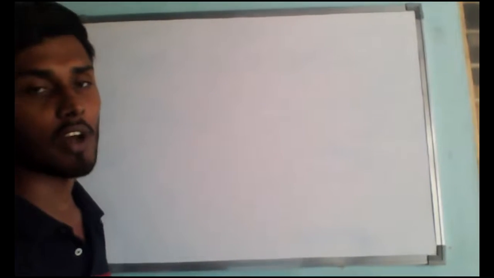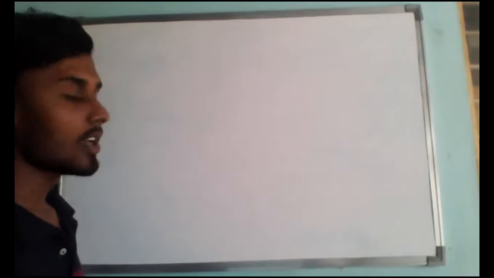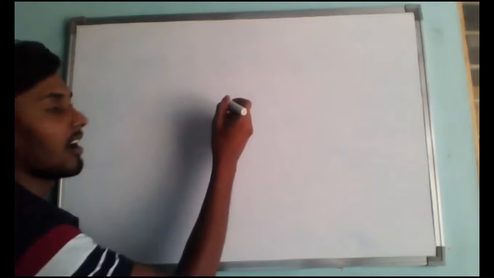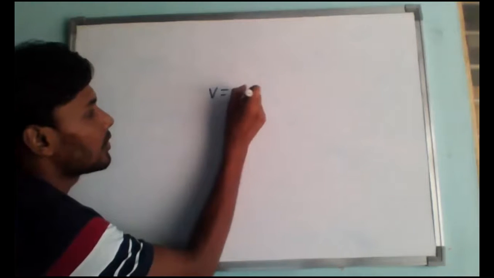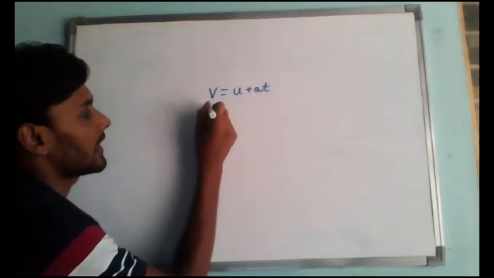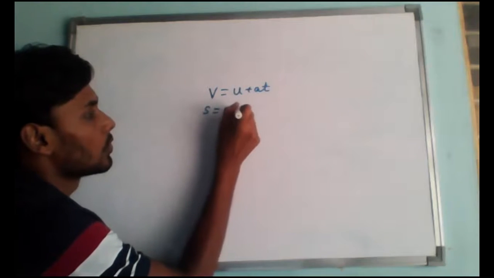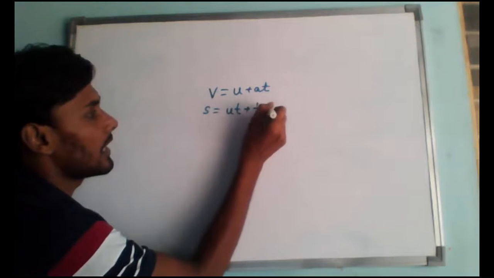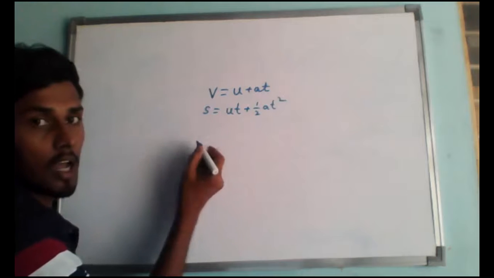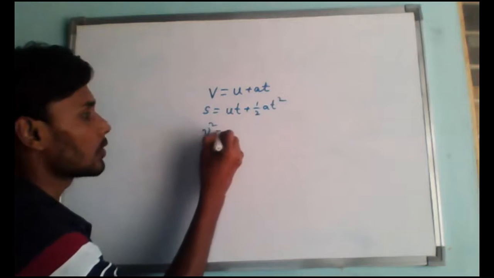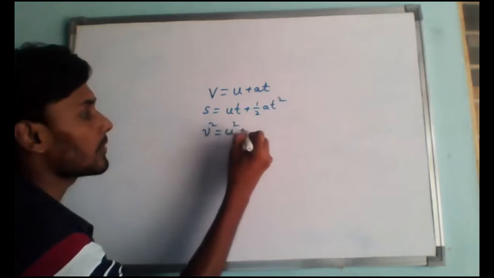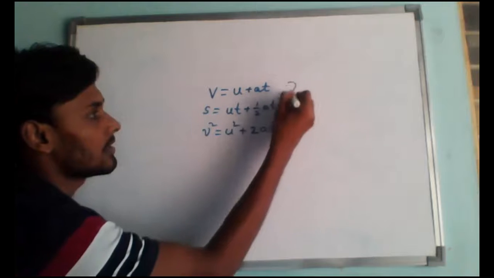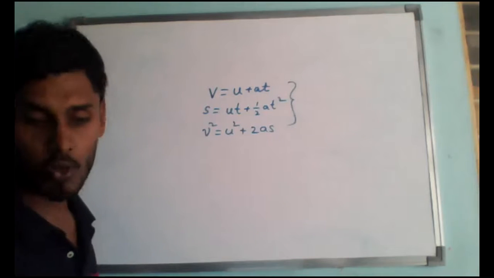First one: v equals u plus at. Second equation: s equals ut plus half at square. Next one: v square equals u square plus 2as. These are the 3 equations of motion.